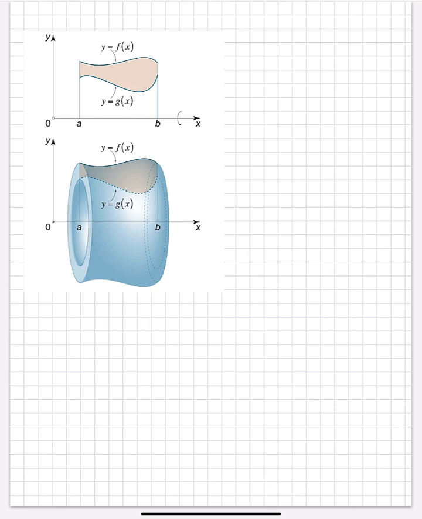So as an example here, you see this f of x and g of x create this area, this region, and if we rotated that region around the entire curve, we wouldn't generate a full solid shape. There would be this solid shape with this center cut out, because that is the gap between the bottom function and x. Hence, this is the washer method.